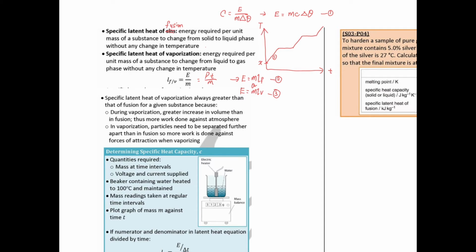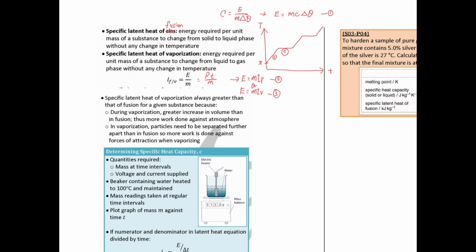During this process, where we have the melting of the solid, there is no temperature change, so we use number 2. This is latent heat of fusion.